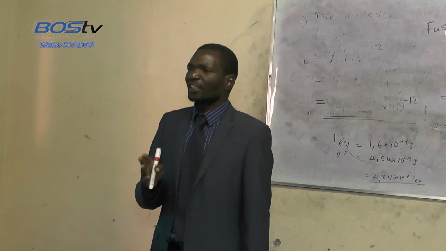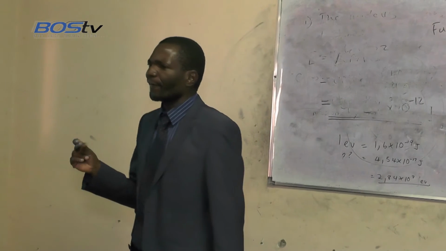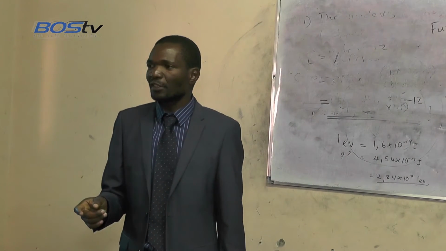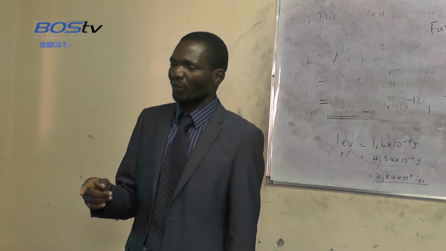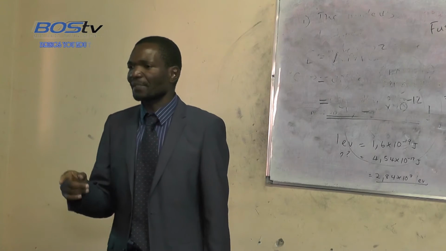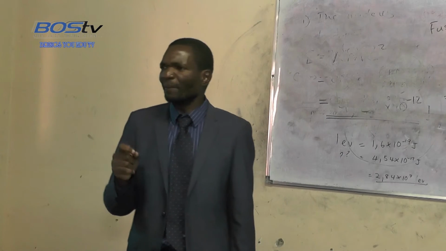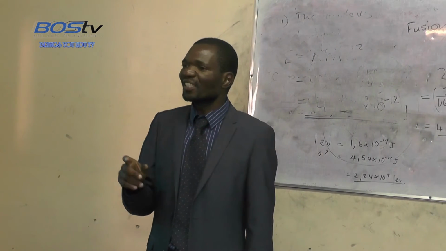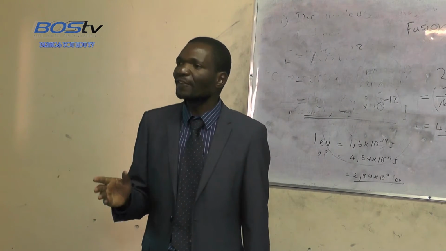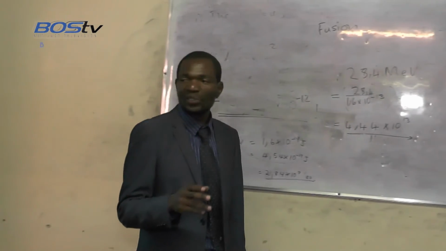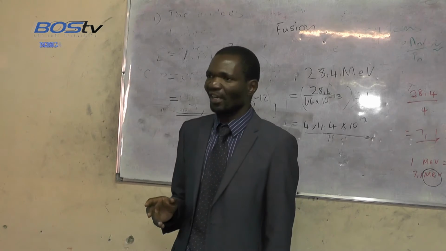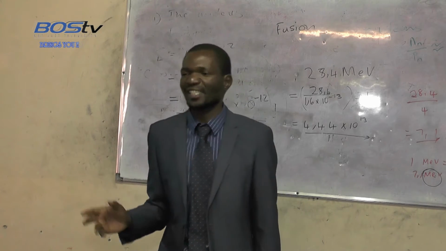So chances are high that if we fire a neutron, we are further upsetting the ratio. That further upset gives a high probability of that nucleus disintegrating in a fission process, releasing energy. And that's the process which is used in nuclear reactors, in nuclear power stations.